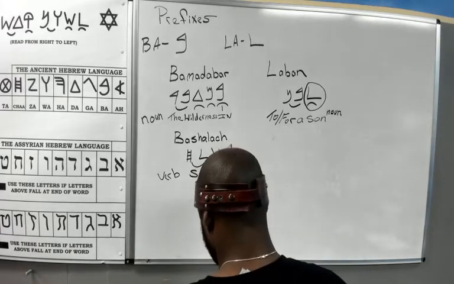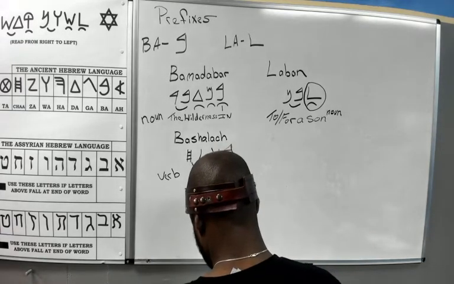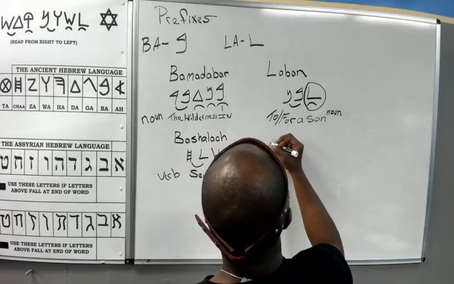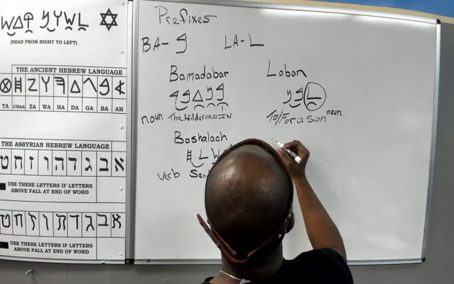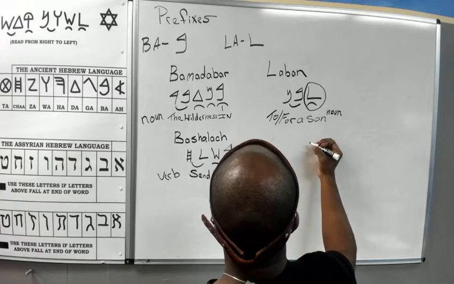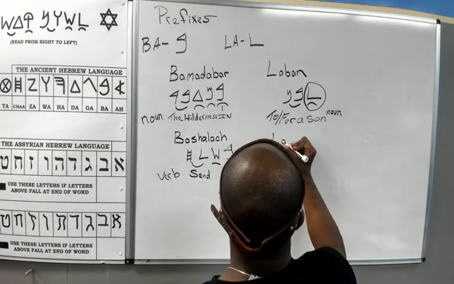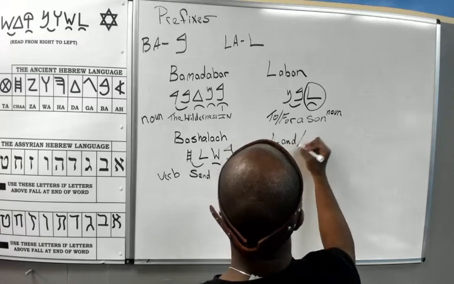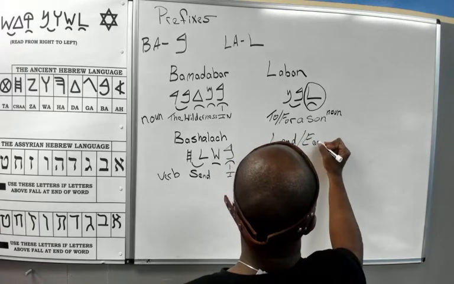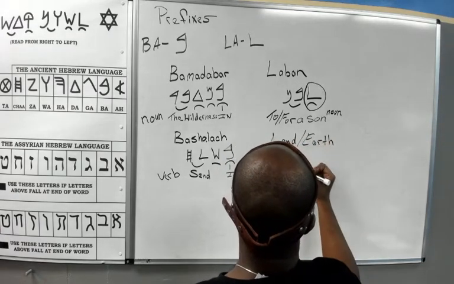Now the next word is going to be land or earth. And this is going to be Ratada.